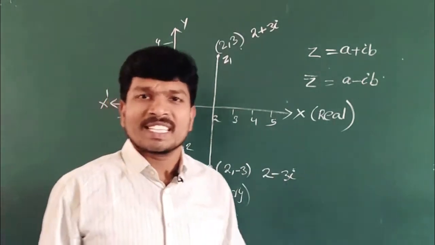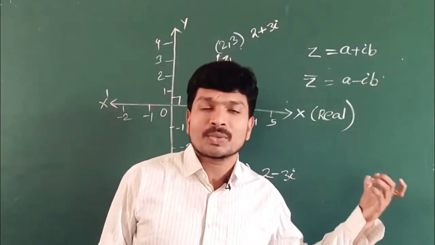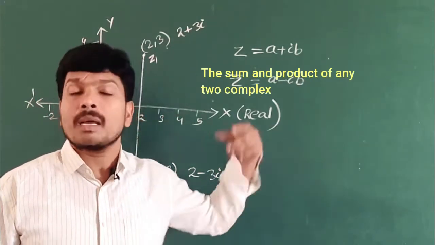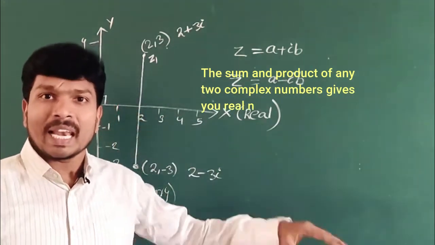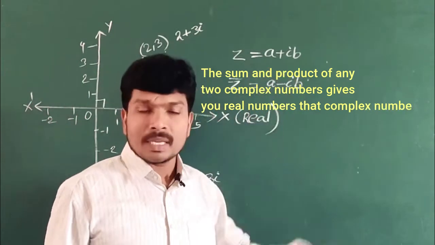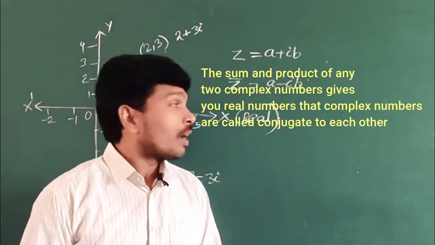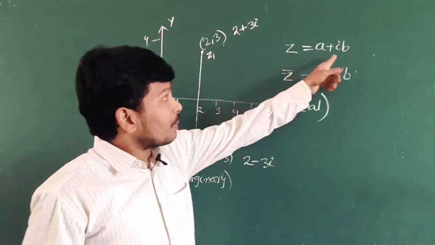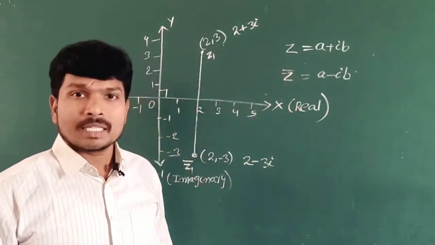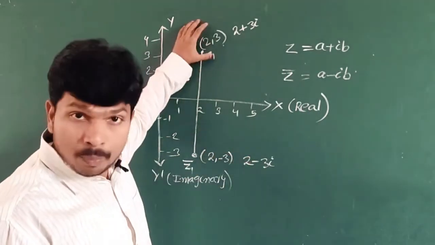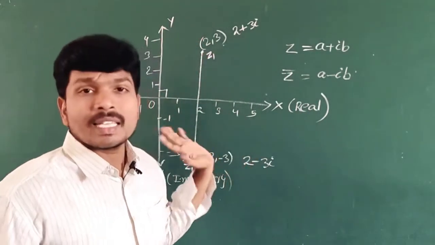Here also the definition is the same. What is meant by conjugates to each other? If the sum and product of any two complex numbers give a real number, those complex numbers are called conjugates to each other. If z is a plus ib, then z bar is a minus ib. Simply, it is the reflection of a complex number with respect to the x-axis.